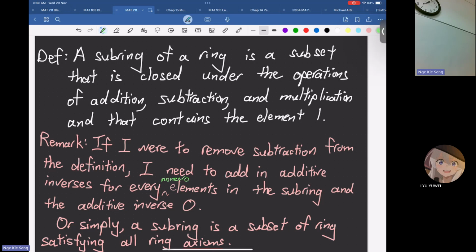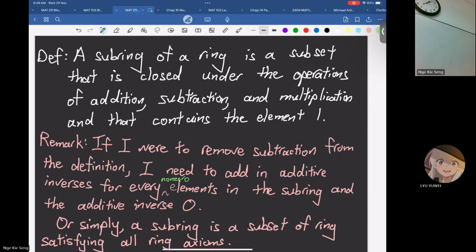But in other words, you can just say that a subring is a subset of a ring that satisfies all the ring axioms, if you don't want to talk about all these operations. This is similar to a subgroup. What's a subgroup? It's a subset of a group that satisfies the group axioms. So it is similar to a subring.